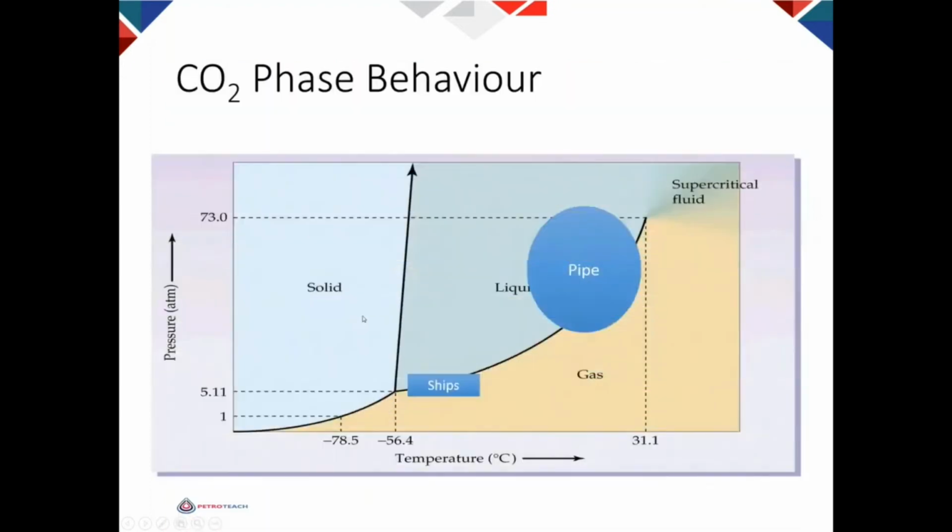Another important point these days, as we are talking about carbon capture and storage, is the behavior of CO2 and hydrate in a CO2 stream. So we have CO2, we want to transfer CO2 to somewhere offshore to inject it into the reservoir.